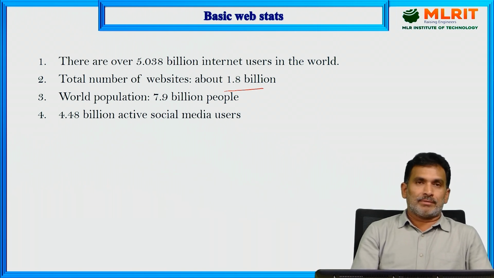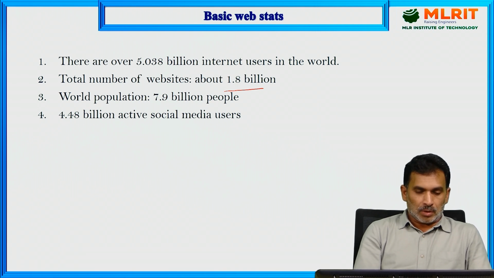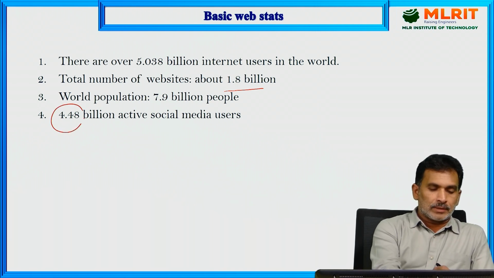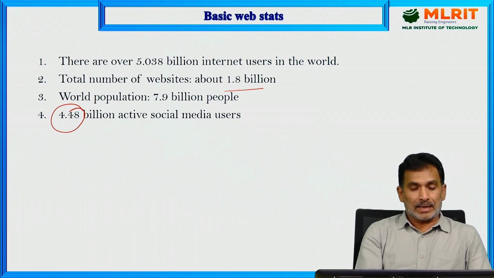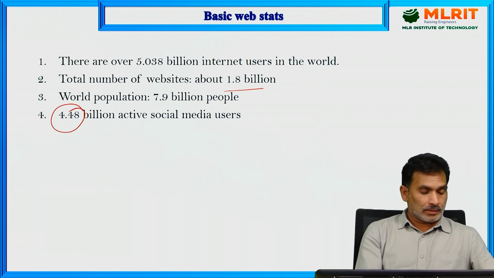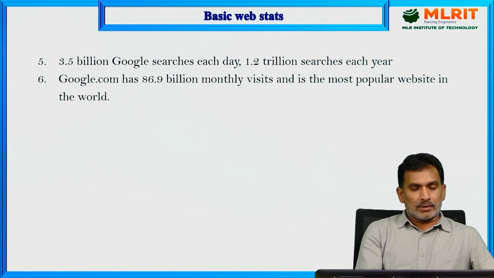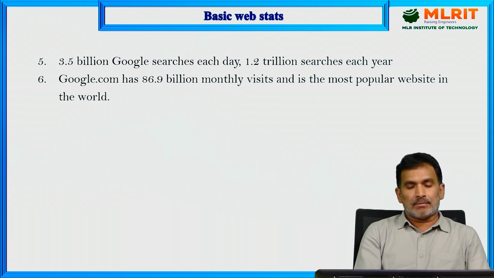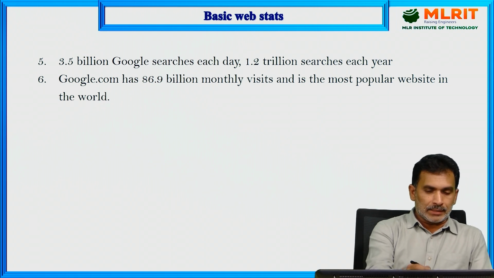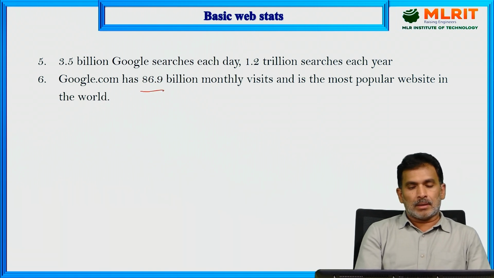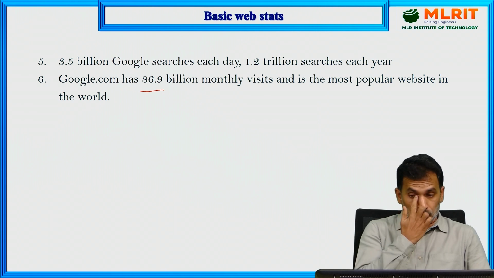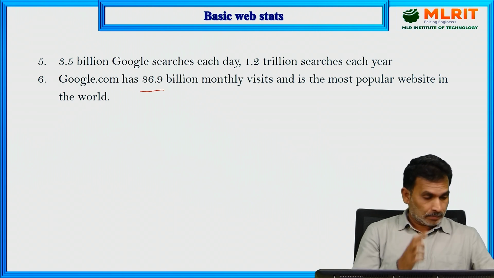If you compare this with the total world population of 7.9 billion, among these there are 4.48 billion active social media users. There are 3.5 billion Google searches every day, 1.2 trillion searches per year. Google.com has around 86.9 billion monthly visits, and it is the most popular website in the world.